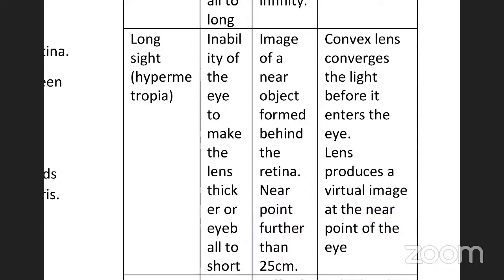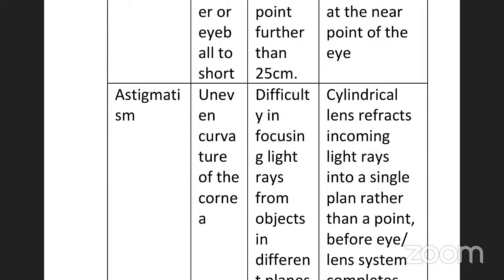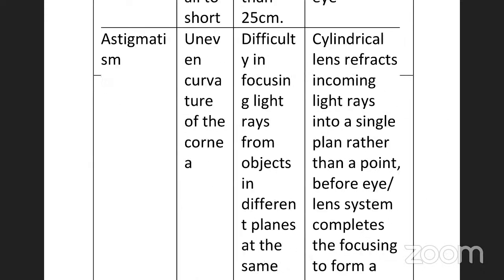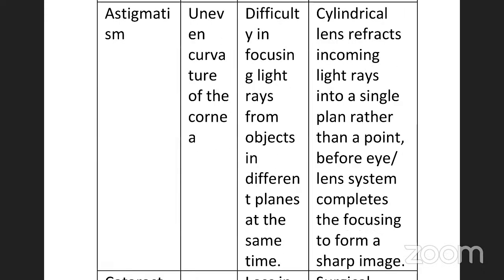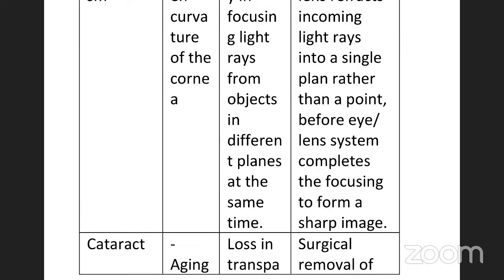Let's just take a look at astigmatism quickly. Astigmatism is uneven curvature of the cornea. It is the difficulty in focusing light rays from objects in different planes at the same time.